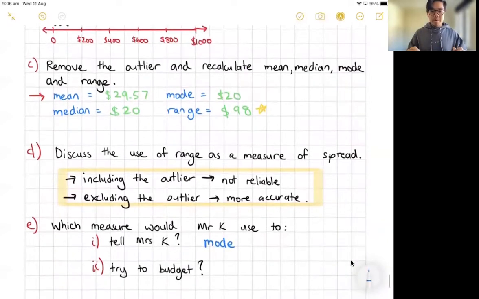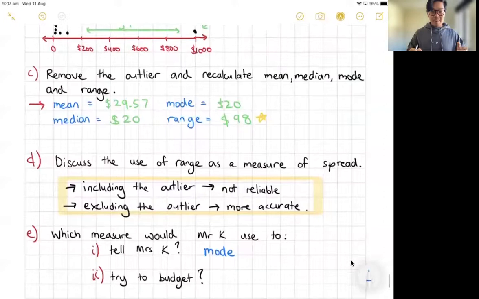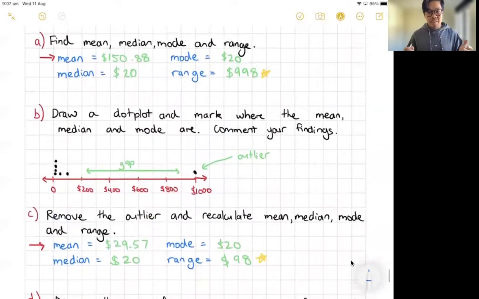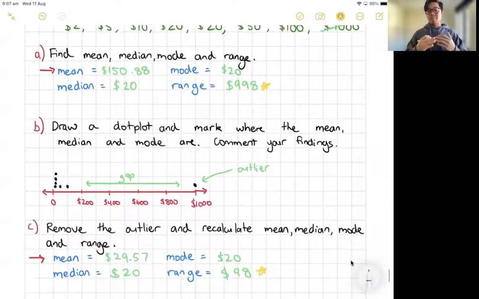Now, what measure would I use if I was actually trying to budget? I wanted to buy stuff, I wanted to keep growing my collection, and I want to know how much I'm spending. If I want to budget myself, I probably want to be pretty real with myself. So maybe I'll take the real average, which is maybe 150.88, and I'll be like, roughly I spend that much a month.